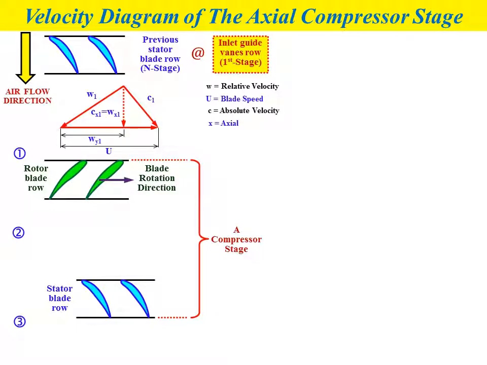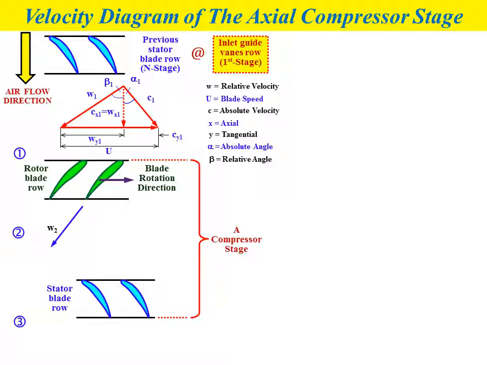Wy1 is the y component for the W1 relative velocity, and y represents the tangential direction. For the C1 vector, the y component is Cy1. The absolute flow angle for C1 is represented by alpha 1, and the relative flow angle for W1 by beta 1.